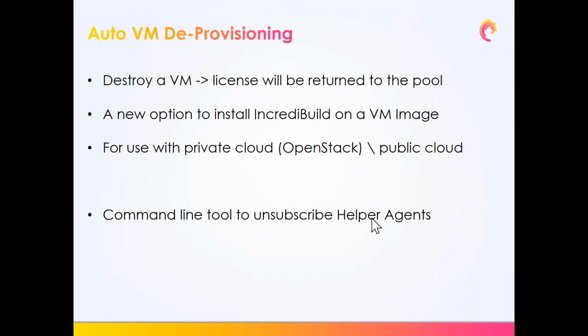This is only feasible for helpers, not the other feature that I just discussed, because if we allowed that to also apply to initiator machines, it would allow users to potentially violate the way that IncrediBuild licensing works. So in most cases, we'll probably want to work with the first feature I just showed you and automate the way that you provision and deprovision machines, either in an on-prem cloud or in the public cloud.